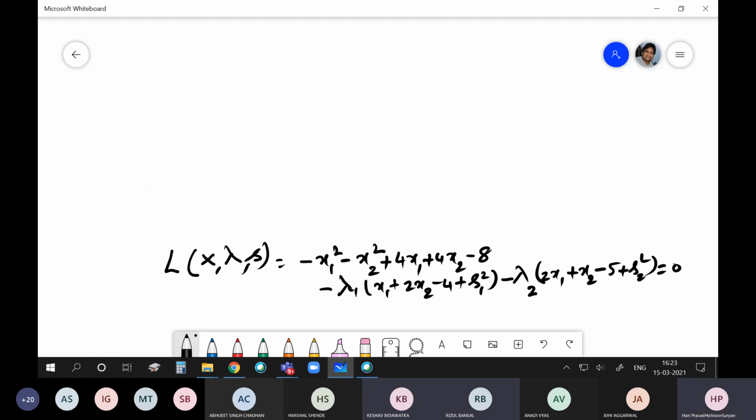What should be the necessary condition? What should be the necessary condition, Rizul Bansal? Don't know. Astha Jyoti, are you present?